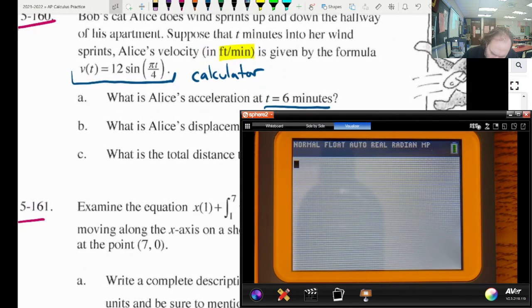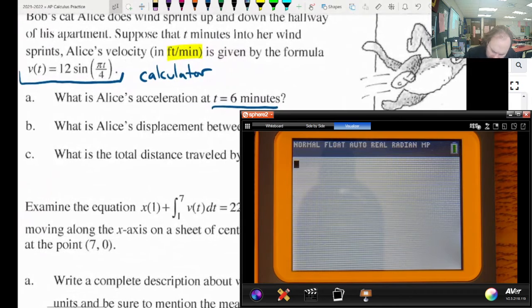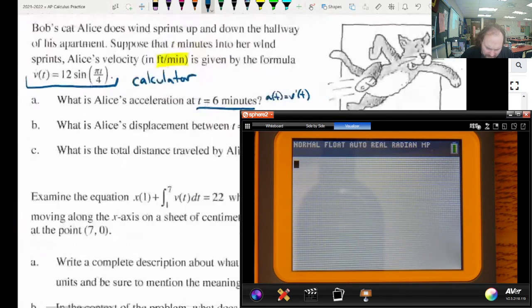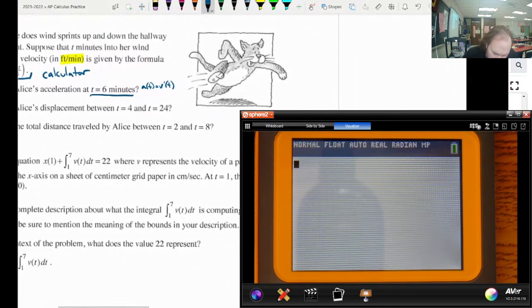Well, the thing we got to know for this problem, for a, is that a of t is v prime of t. So we are going to take the velocity function, take its derivative, and plug in 6. Now again, this is not a horrible derivative to take. We can do it by hand. I will do it by hand just for funsies. V of t is 12 sine of pi over 4 t, like that.